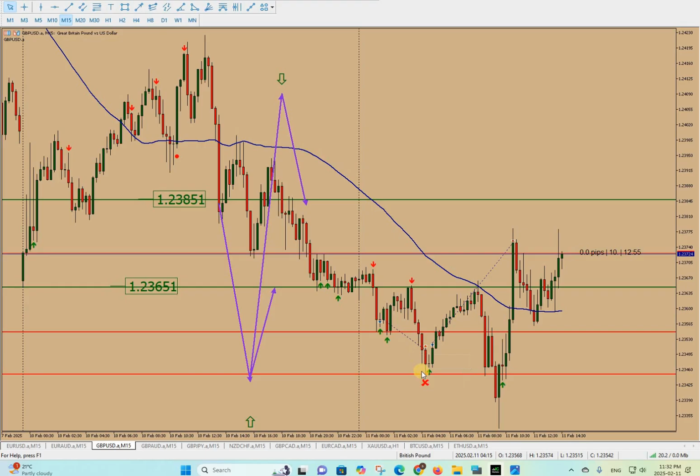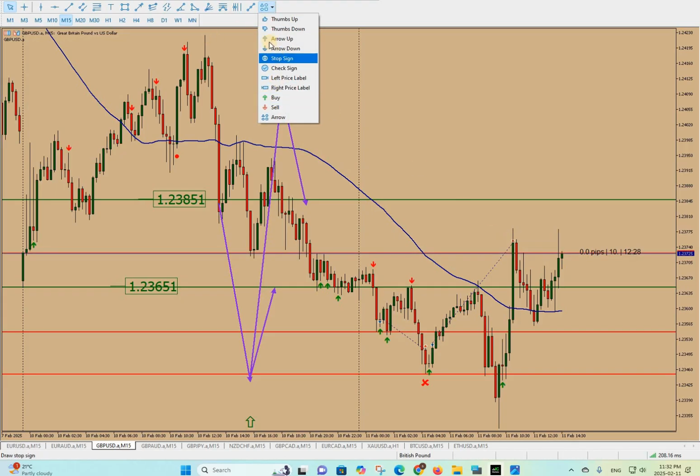Close it on a loss, and then you wait for another opportunity for recovery. So we had another signal here. Okay, we entered the trade, we put a virtual stop loss here again, and then we waited to see what happened. The market went up and hit the level, and then we came out with a profit.